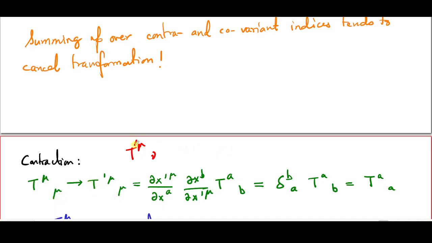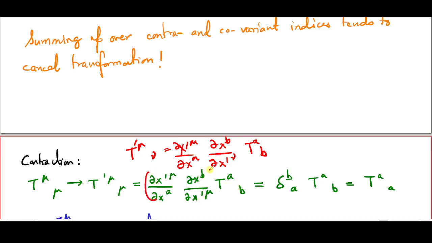Remember, T prime mu nu is del x prime mu over del x a, del x b over del x prime nu, T a b. We just use the same thing except that we use the same value for mu and nu and of course imply the sum. So we get del x prime mu over del x a as before, and instead of del x b over del x prime nu we get del x b over del x prime mu, T a b.